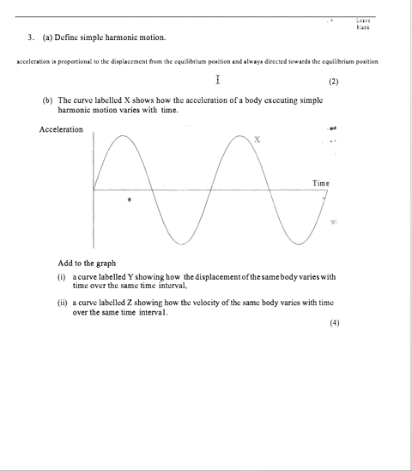So we have already said acceleration is proportional to displacement and always directed towards it. Hopefully you're remembering that a is minus omega squared x. It is minus some constant times x, and so your curve y is going to be down here. It's going to be a minus x curve with some scaling factor omega squared. So that's going to be y.